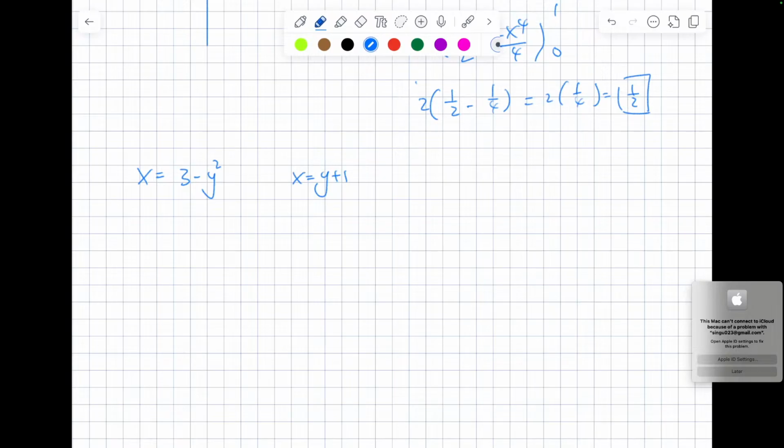It says x equal to 3 minus y squared and x equal to y plus 1. This is right minus left. Yes, this is the right minus left situation. Switching it makes it more complex, but yeah, if you switch it, you have to do 2 integrals.